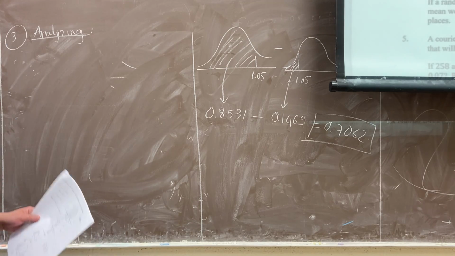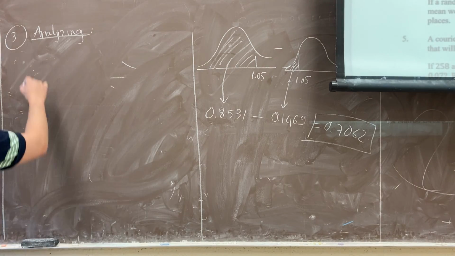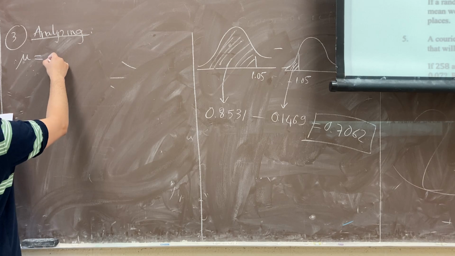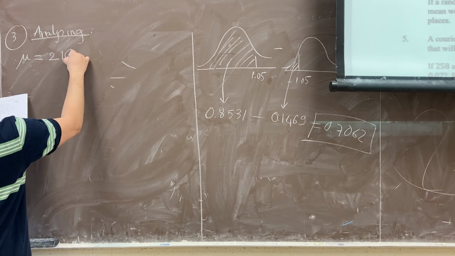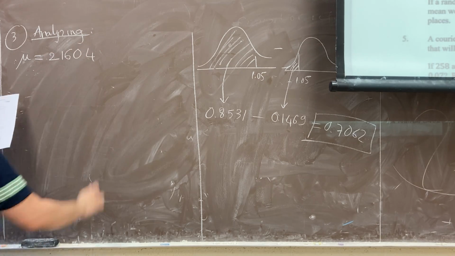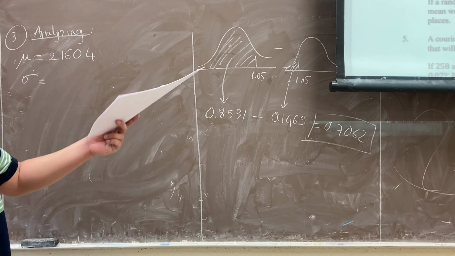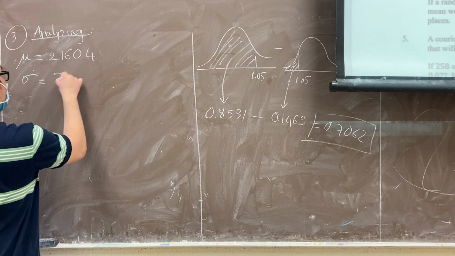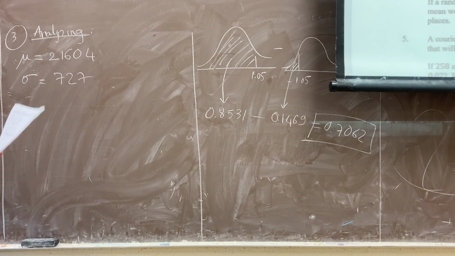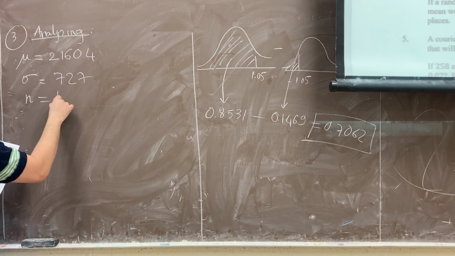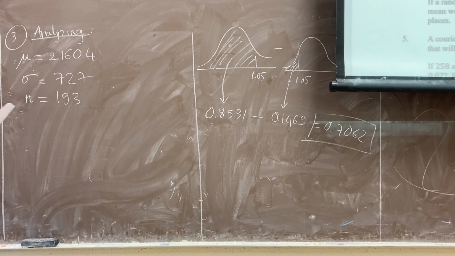First, they give you the mu, the mean here. So the mean here is this number. And they give you the sigma, that is the standard deviation. And they give you the sample size.